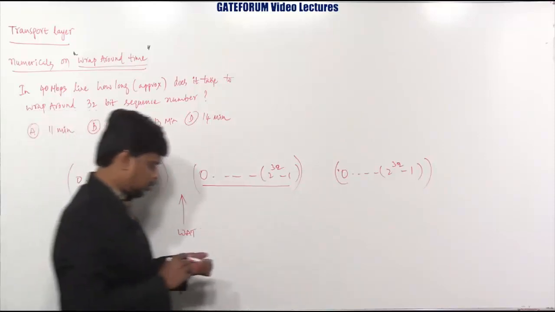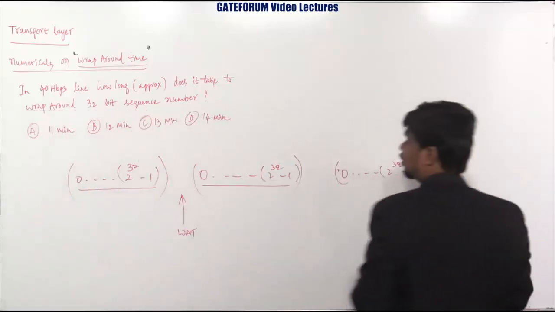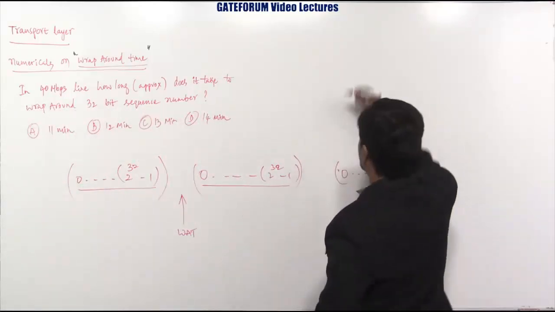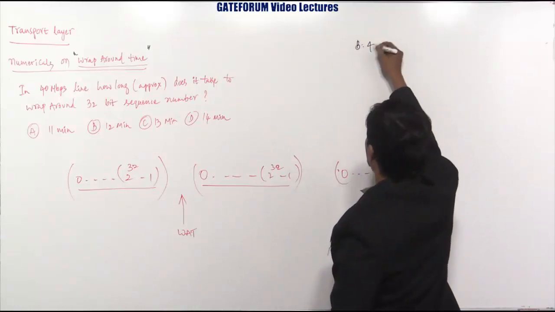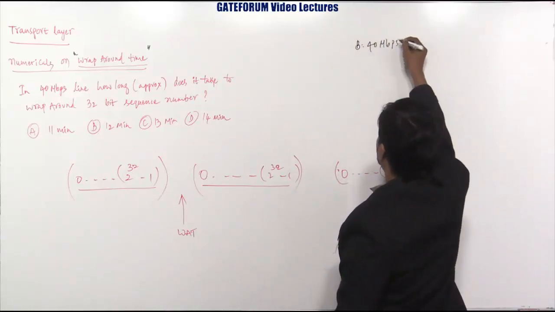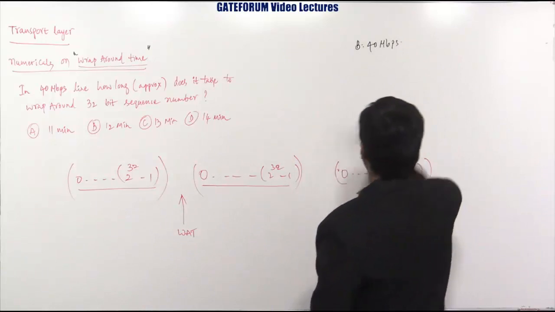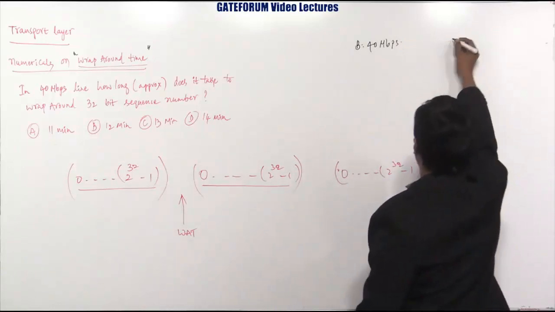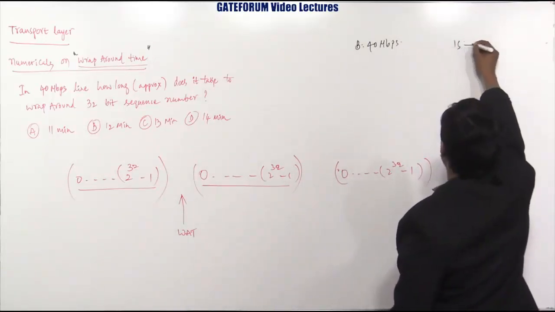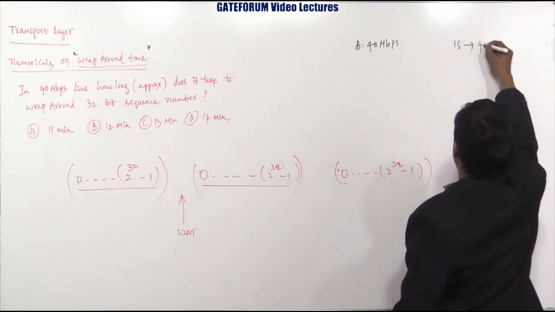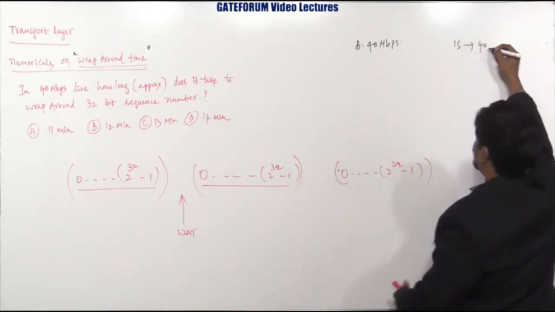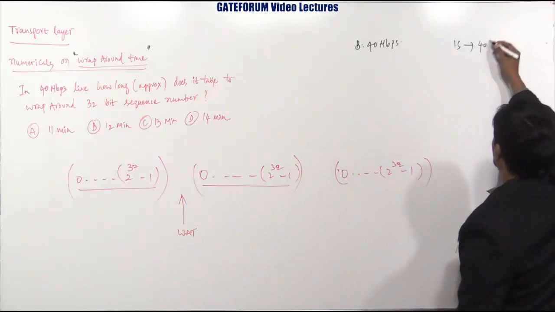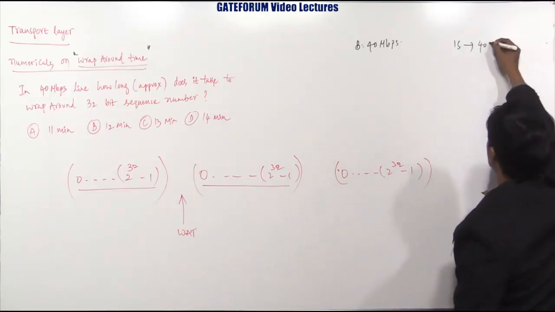Right. So first let's consider bandwidth. What is the bandwidth given? 40 Mbps. What it means is, within 1 second, 40 megabits are generated.